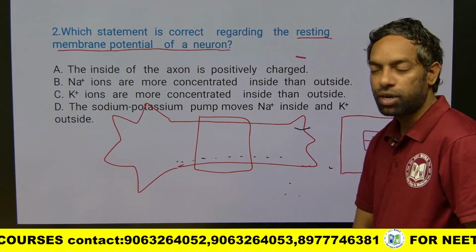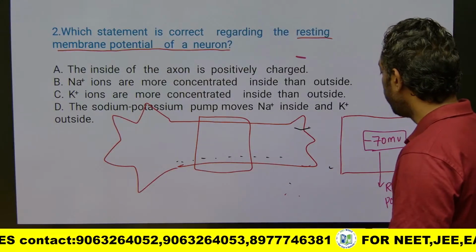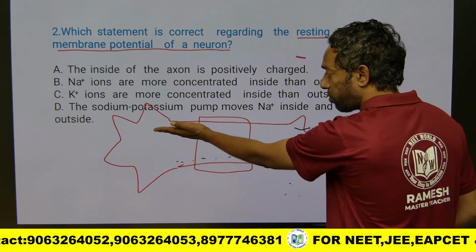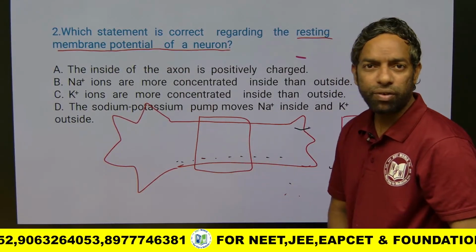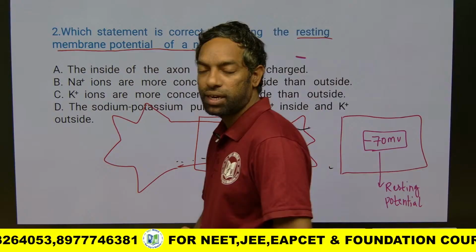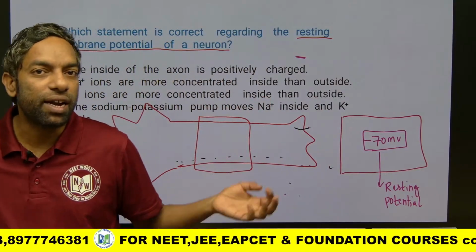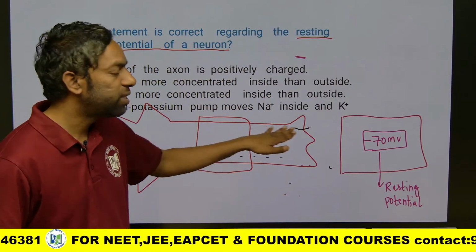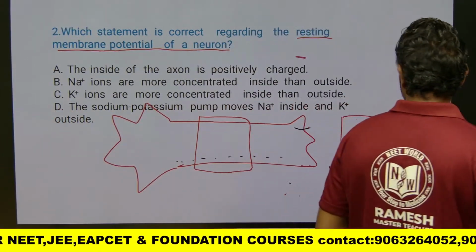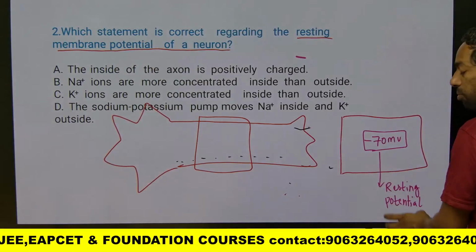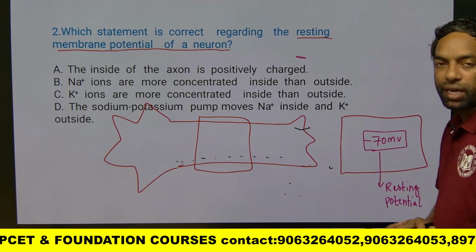If there are no signals, no electrical charges take place, meaning sensory and motor neurons are not carrying information through this membrane. That condition is the resting membrane potential, which is minus 70 mV.